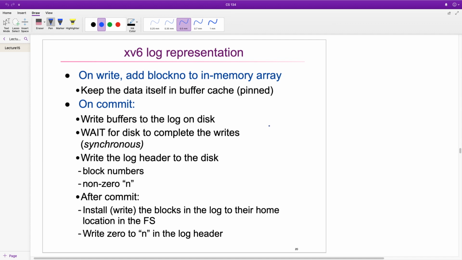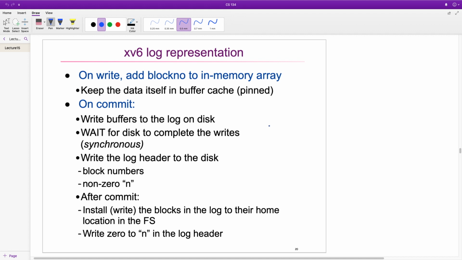The nice thing about journaling just the metadata is you're guaranteed you'll have a consistent file system. The problem might be your data might not be 100% in line. The way we're going to do it here, where we're going to journal every block, is going to ensure that both our metadata is correct and also the contents of our files completely matches the system call interface.